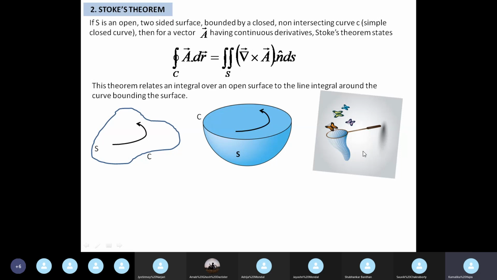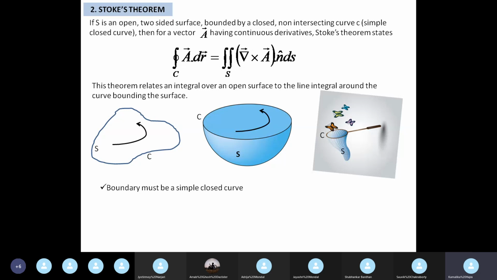Here I have given you the picture of a butterfly net, where S is the surface, the net, which is an open surface, and this is the rim. So this is the surface S, and C, this rim over here of the net, is the boundary in question, a closed curve, and you can apply Stoke's theorem to such a surface too.